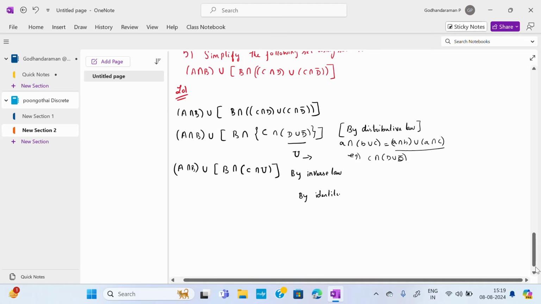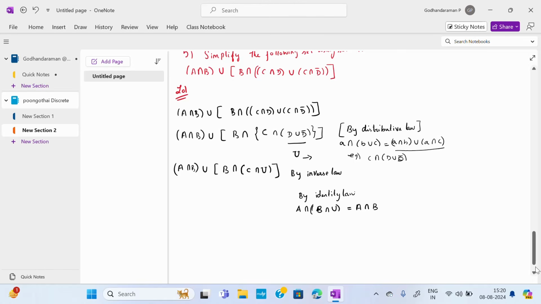A intersection the universal set is nothing but A. That is your identity law, so that only I am going to use it here.